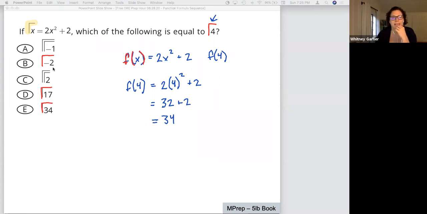Note that if they layer them, like say in A where this guy gets layered, that's the same as saying f of f of, and then the negative 1 goes inside.